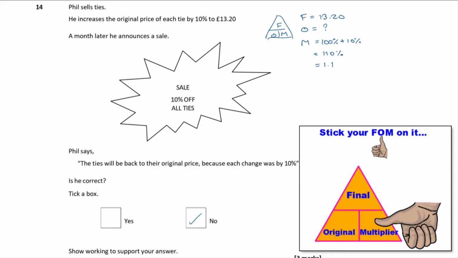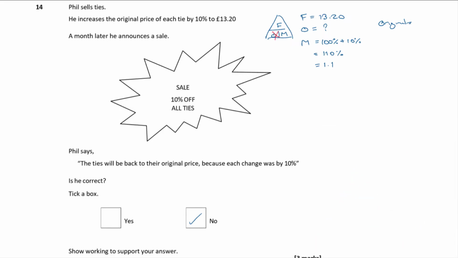Okay, so then original is equal to, well, cover up the thing I want to find. Original, it tells me what to do with the other two. It's final over multiplier. Final divided by multiplier, which is equal to £13.20 divided by 1.1.